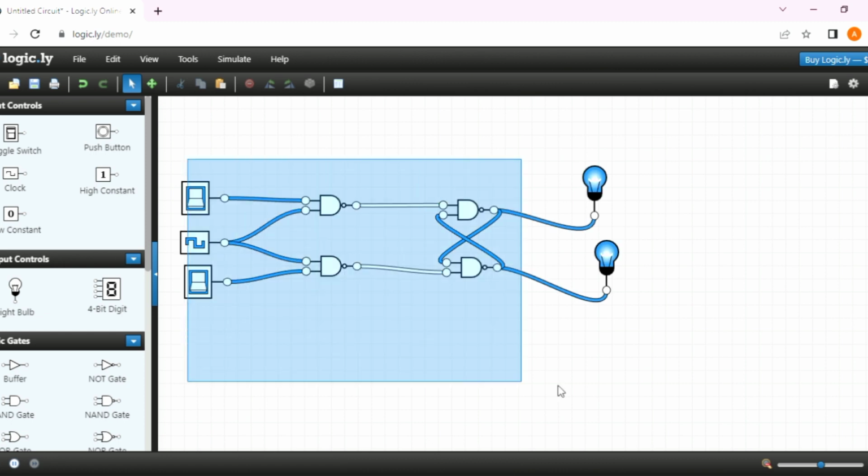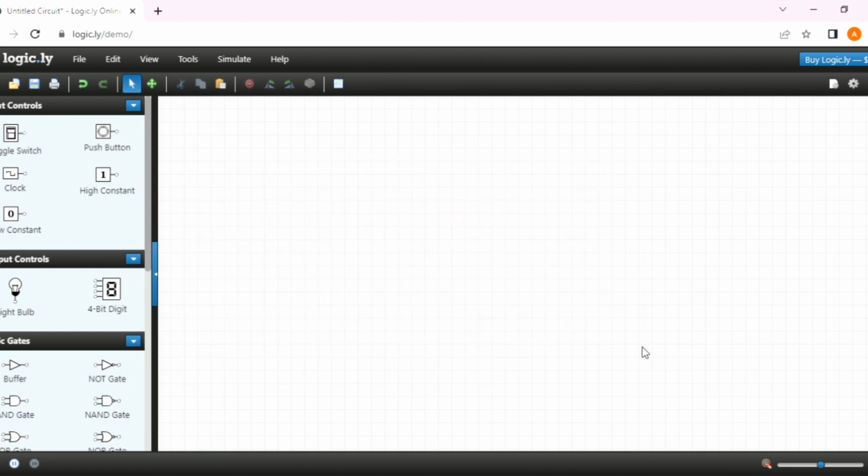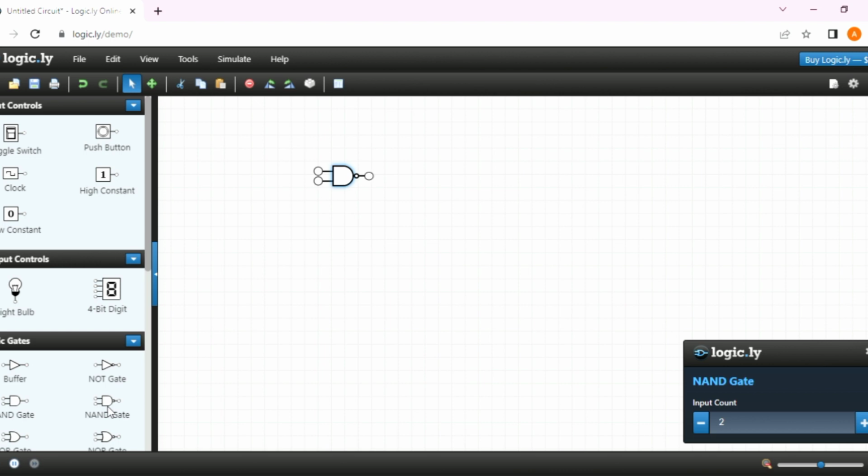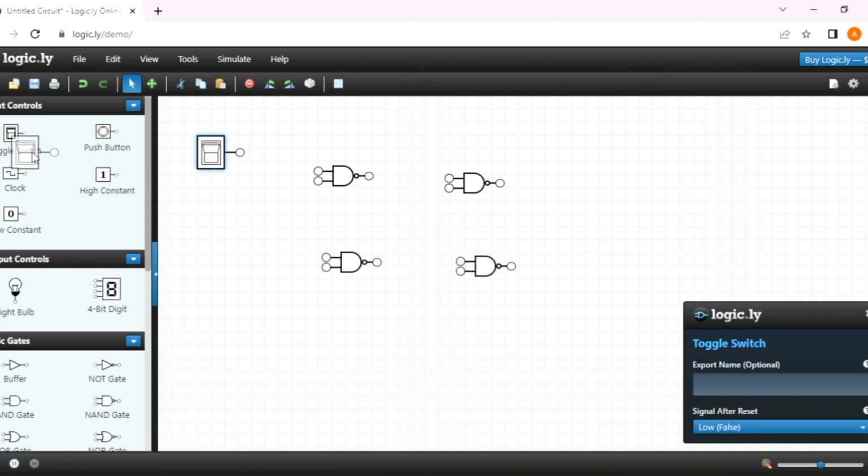Next, we are going to see the D flip-flop. In the D flip-flop, we need 4 NAND gates, the same as in the SR flip-flop. In the D flip-flop, there are 2 inputs, but the second input should be the complement of the first input.